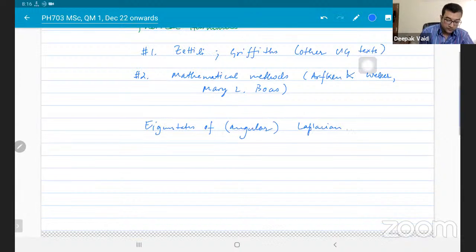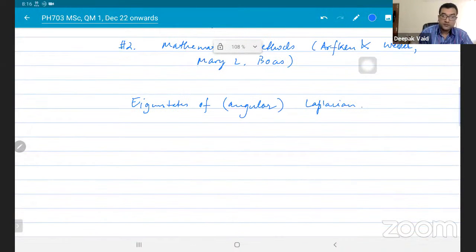Now we have looked at one component of the spherical harmonics, which is the eigenstate of the Z component of the angular momentum operator. So let me go over that.